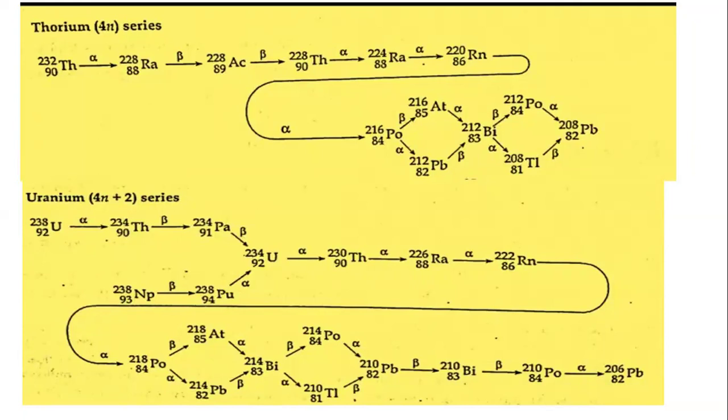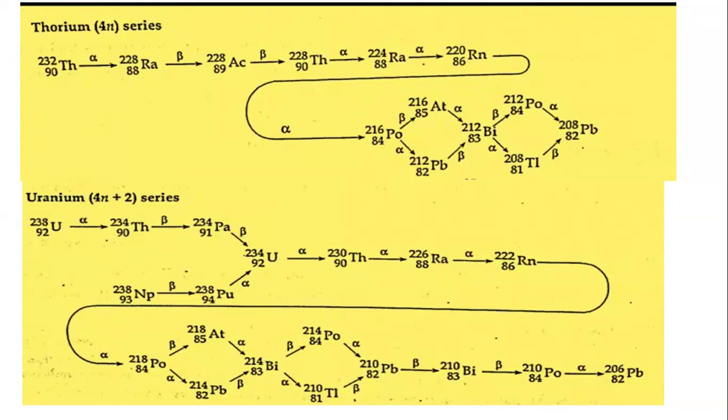The thorium series, the 4n series. Thorium 90, 232, on alpha disintegration, the mass decreases by 4 units and the atomic number decreases by 2 units, that is the alpha disintegration, and it becomes 88, radium, with mass 228.